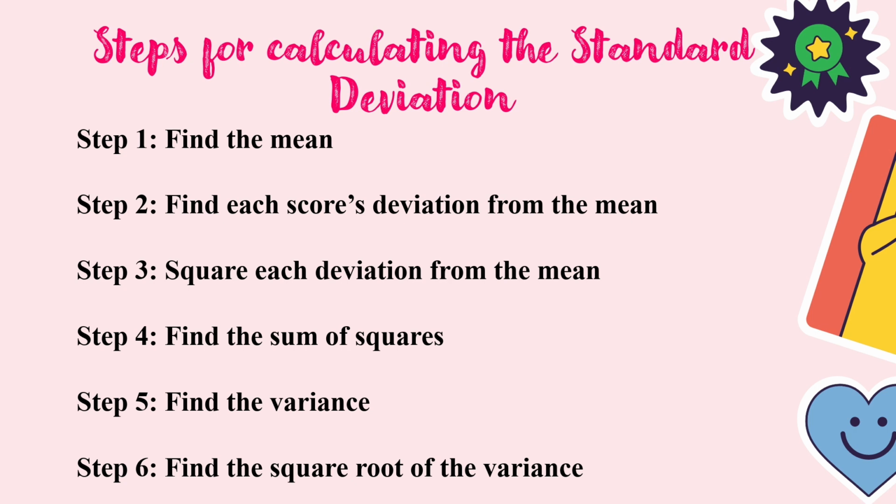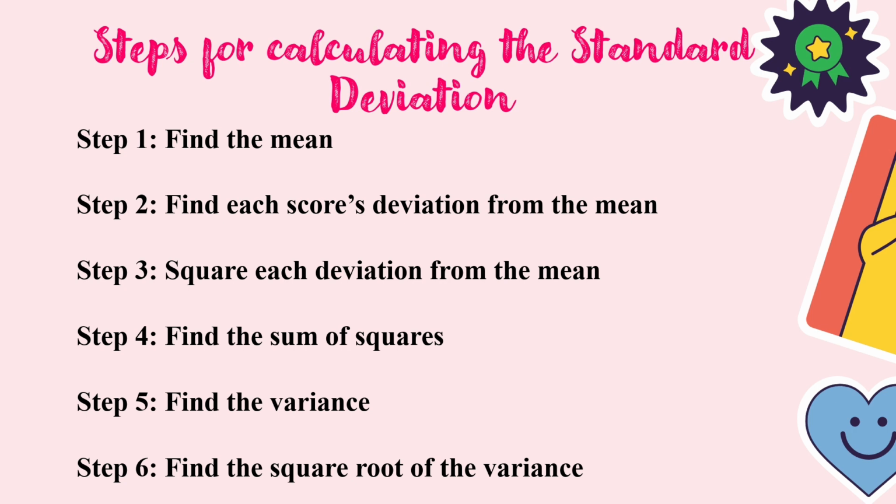This is the same as with the variance a while ago. For the standard deviation, there are 6 main steps for finding it by hand. Step 1 is find the mean. To find the mean, add up all the scores, then divide by the number of scores.